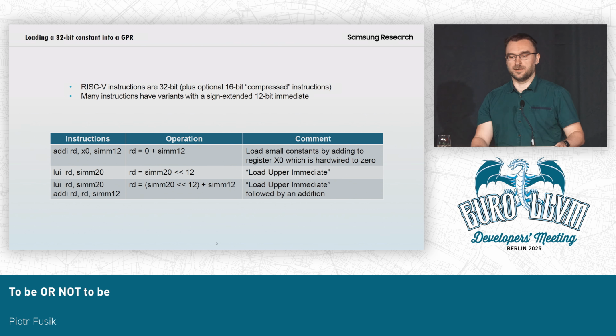Now I will explain my first optimization. RISC-V instructions are 32-bit, which is not enough to load any 32-bit constant. So depending on the value of the constant, you use either an add instruction, load upper immediate, or load upper immediate followed by addition.